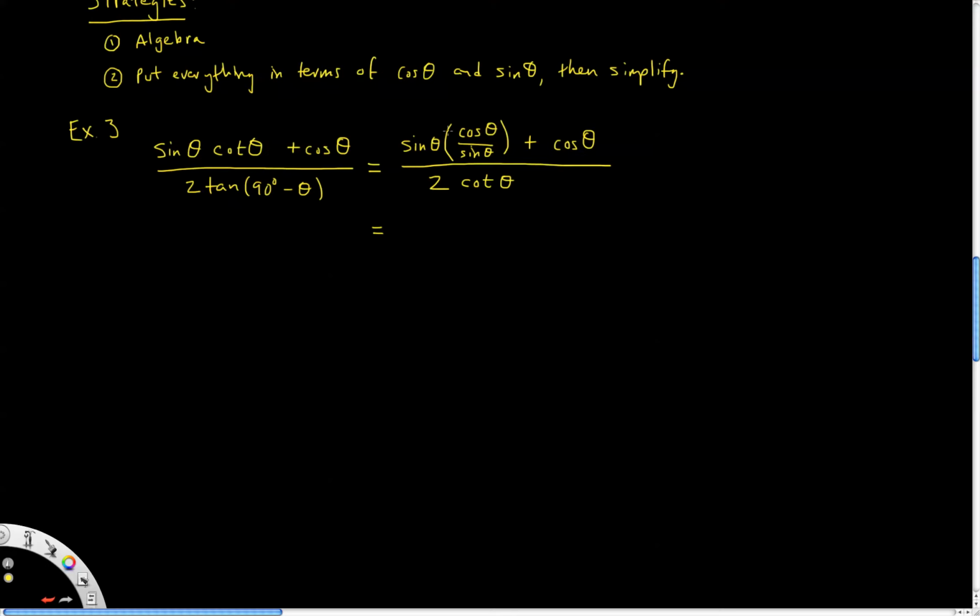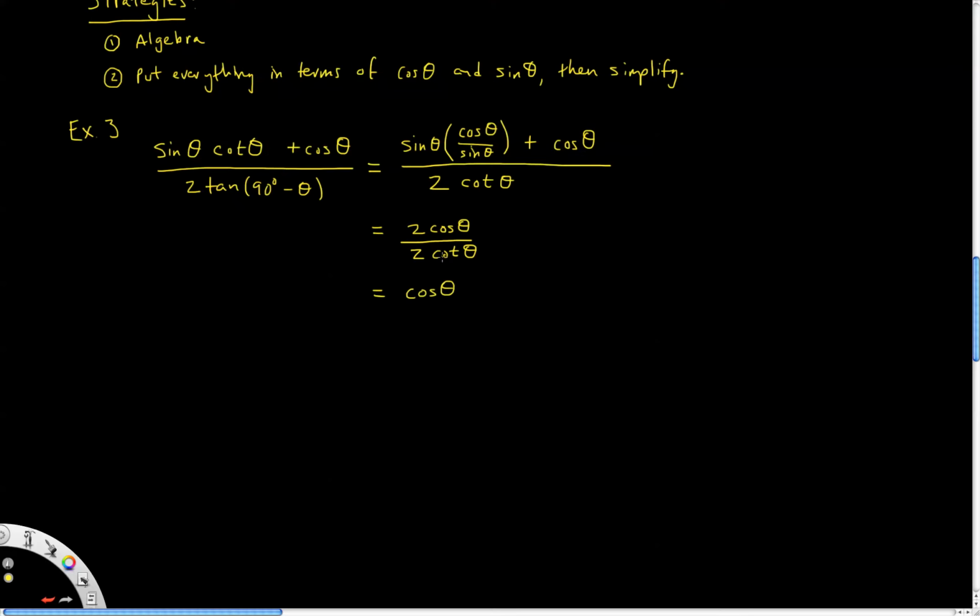All right, in the numerator, I can see that the sine thetas will cancel out, and I'll be left with cosine theta plus cosine theta. So that's going to give me 2 cosine theta divided by 2 cotangent theta. The 2's cancel out, and so I'm left with cosine theta over cotangent theta.